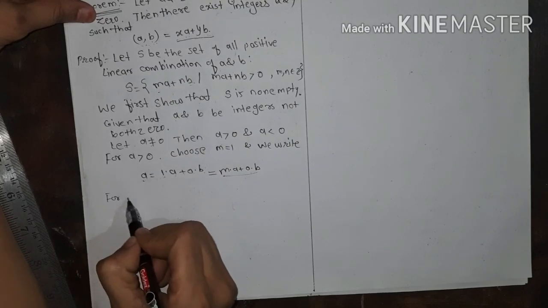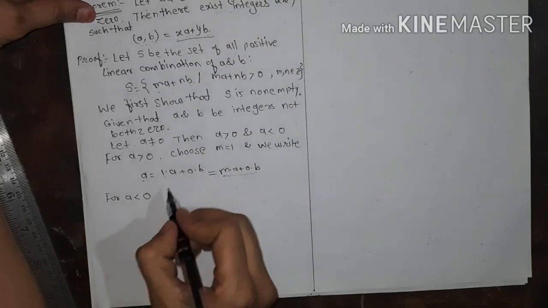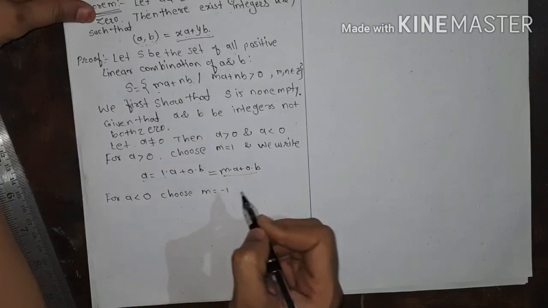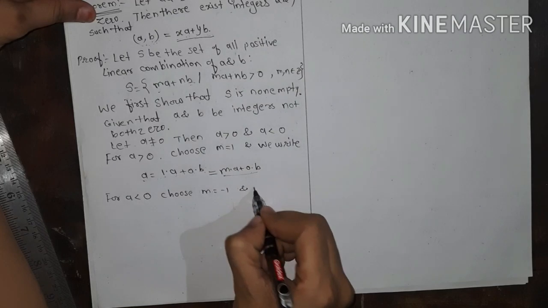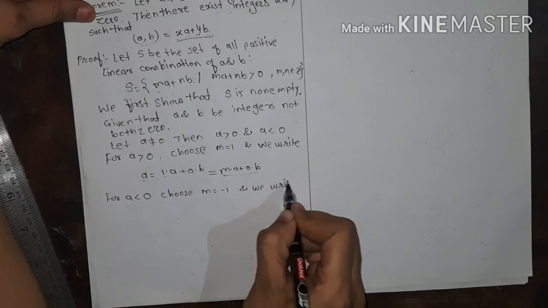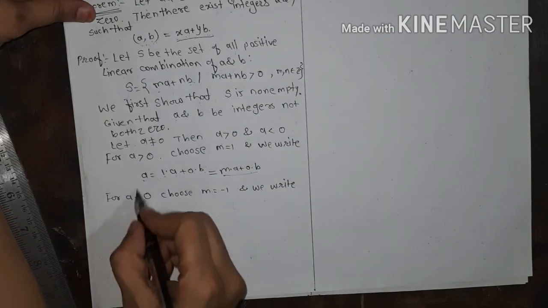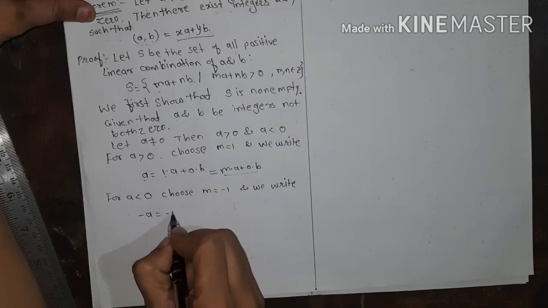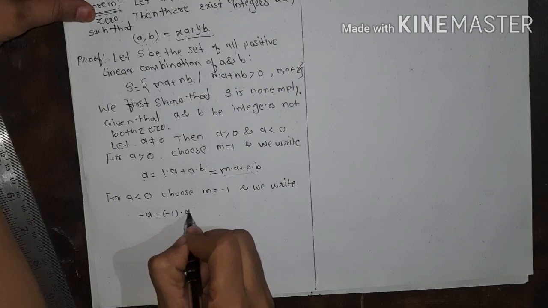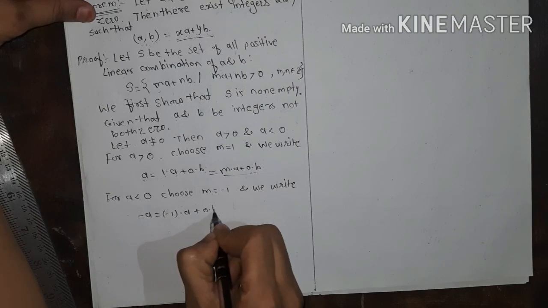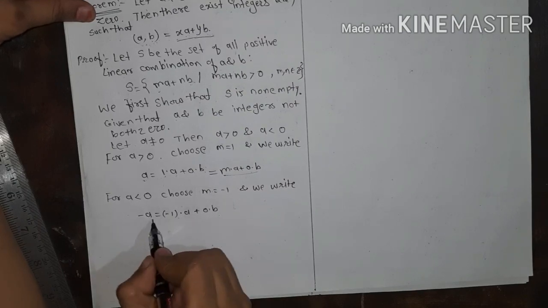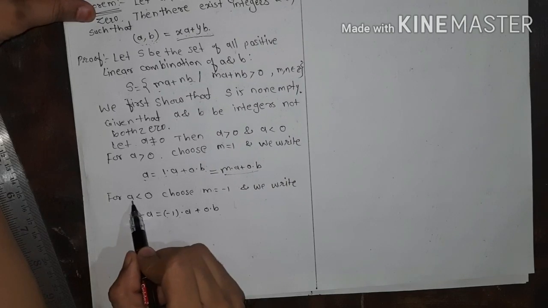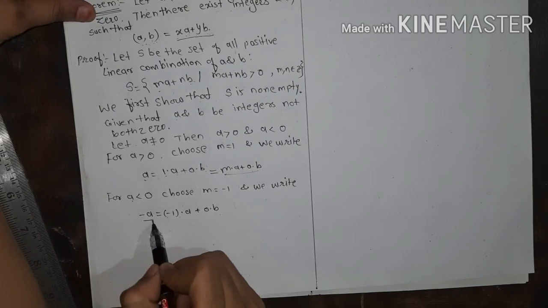Now for the case A less than 0, we choose M equals minus 1 and we write minus A equals minus 1 into A plus 0 into B. That is, minus A is written as minus 1 into A. Since A is negative, minus A is positive.